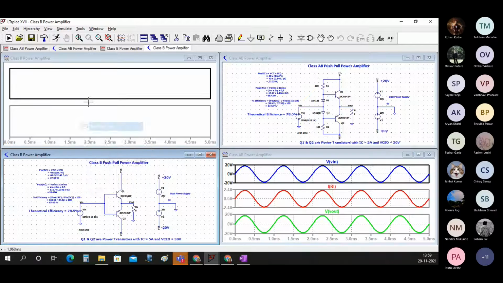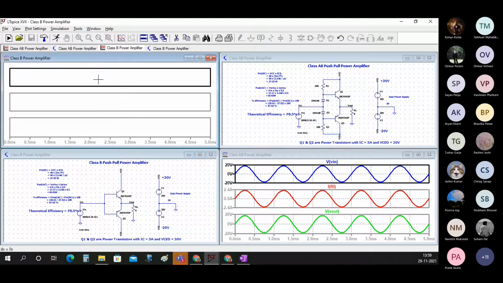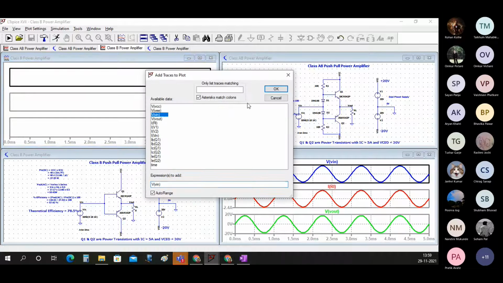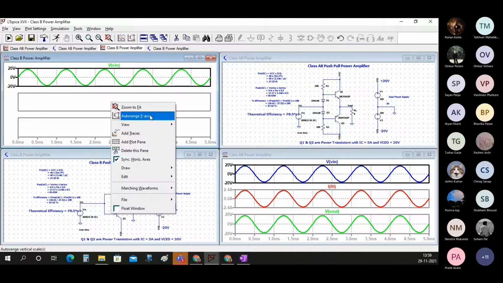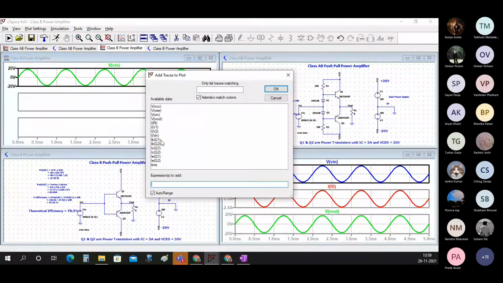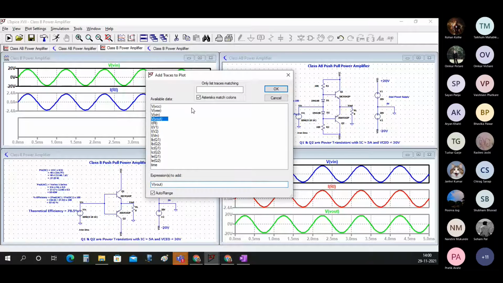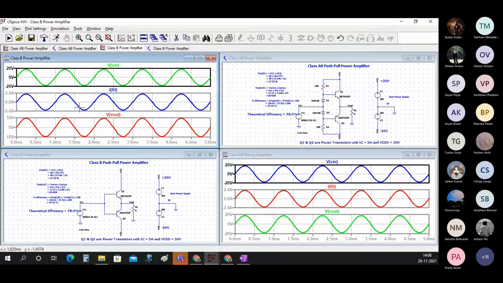And here also I'm adding 3 plot planes. In the first one, let's have V in. The second one, let's have IRL, this one. And here we have L. So now you show me this like this.